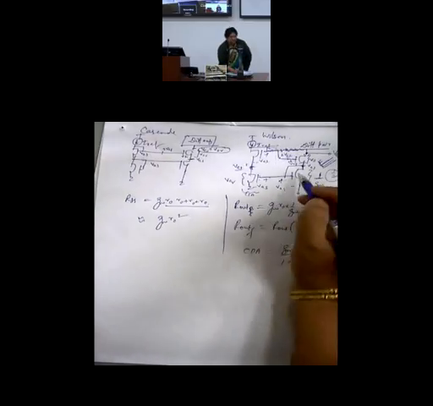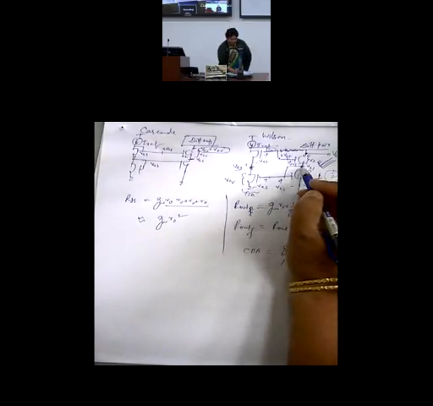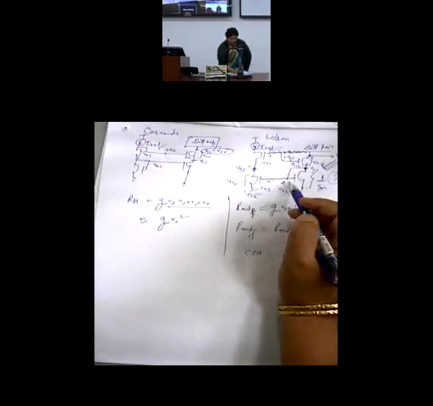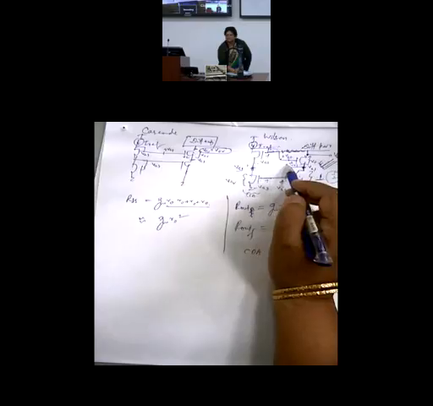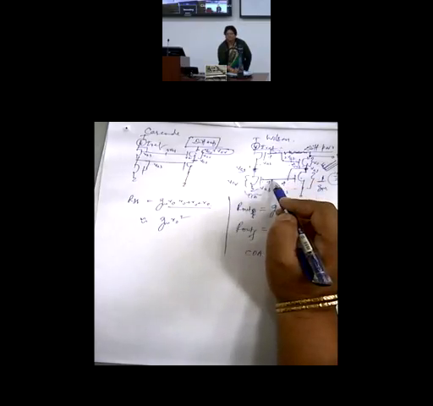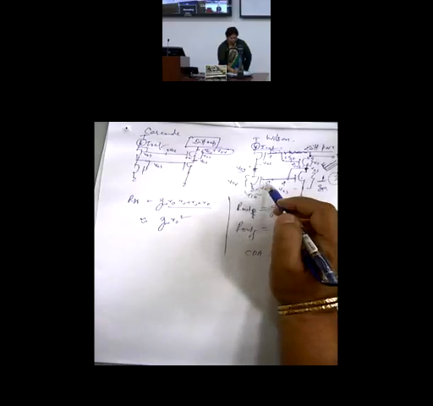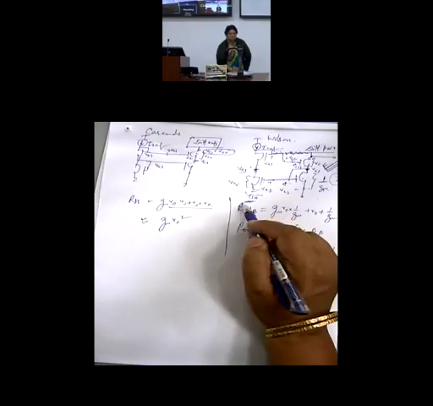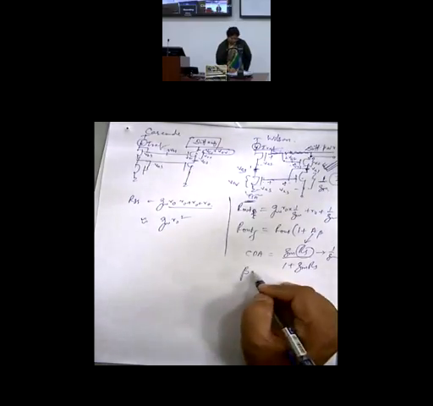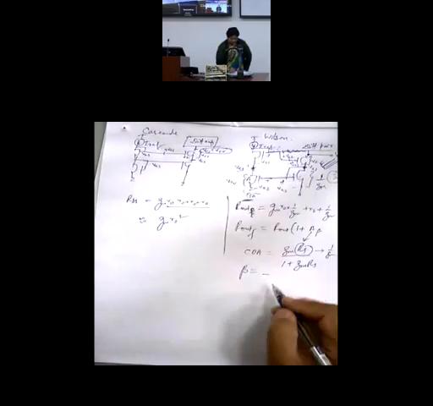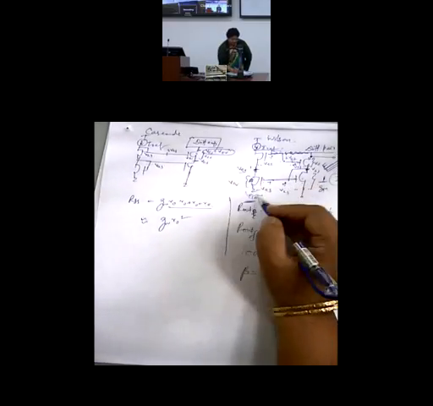Beta is the feedback factor. That comes from this feedback network. And what is the gain from input to output? It is a gain of CS. So beta is minus, suppose the gain is A. What is the gain for CSA?